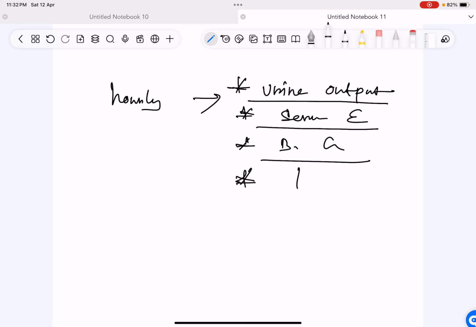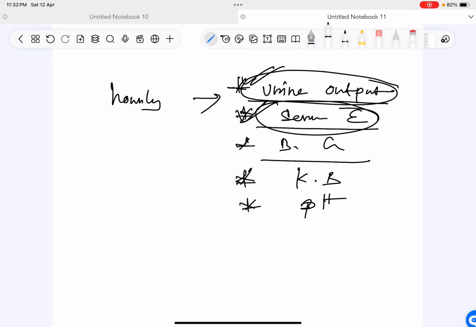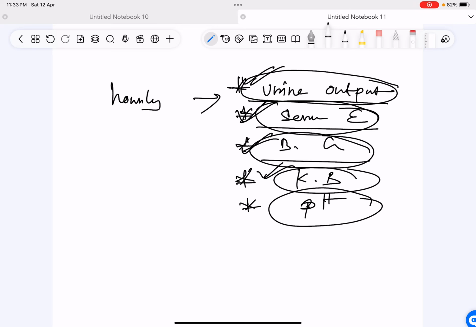Also along with blood glucose, you check for ketone bodies, and obviously you want to check the pH levels, right? Because you are correcting acidosis. So check the urine output, because you want to correct the dehydration and the dyselectrolytemia. Also check the blood glucose levels and the ketone body levels, and also check the pH levels.